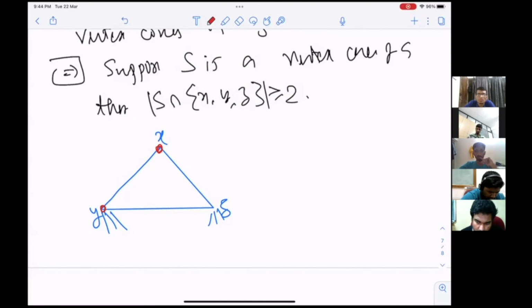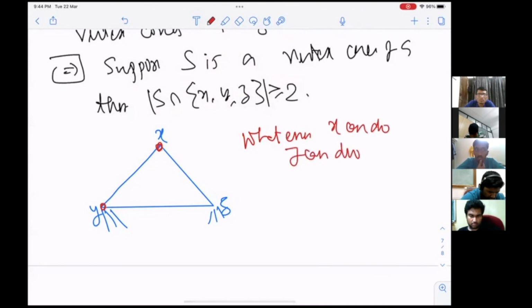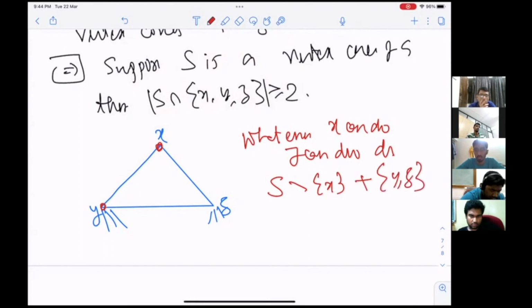Then you already had a rule, pick Z. So whatever X can do, Z can also do in this case. So either way, you delete X, and you add Y and Z. That's it.